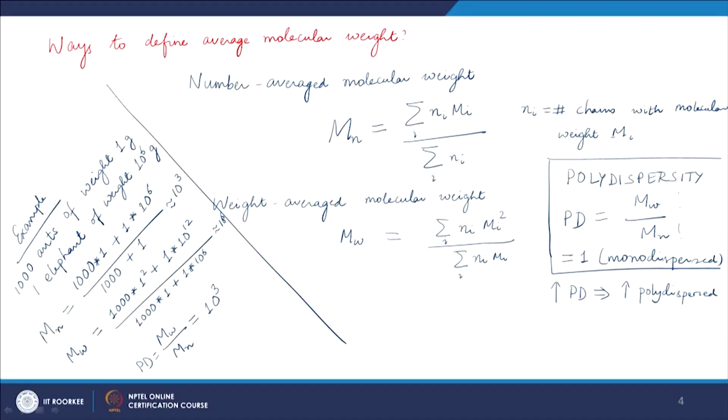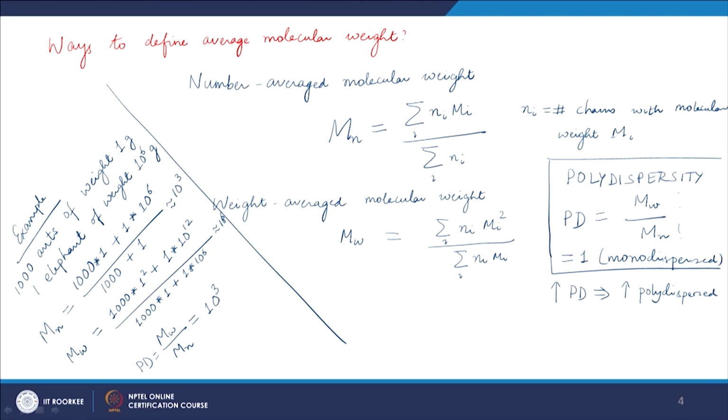Okay. So, the key point is the polydispersity becomes closer to 1 when all the species have weights within a small range. So, this was about the ways to define the average molecular weight and polydispersity.